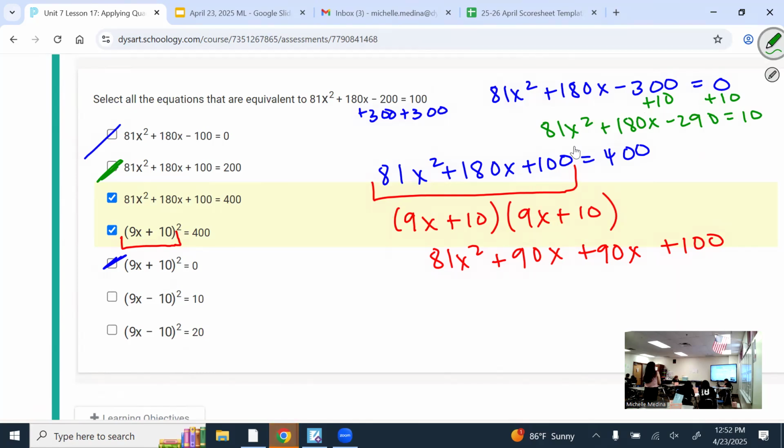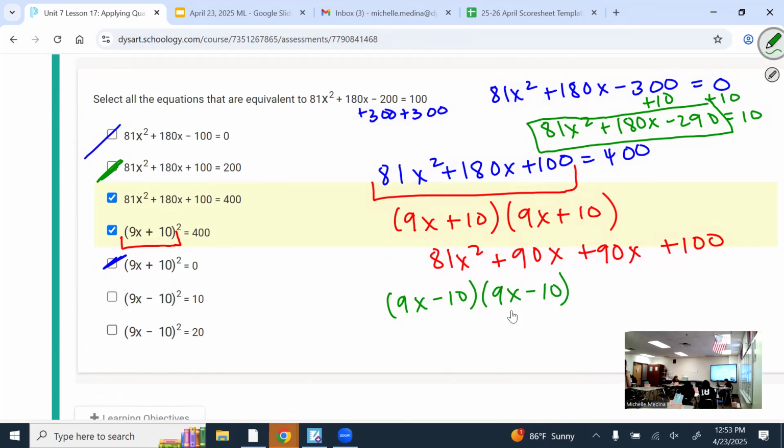So for this next one, if I multiply this side out and I get that, then they will be equivalent. So let me try that now. Multiplying that out is 81x squared minus 90x minus 90x plus 100, which is not this. I'm not going to do that one.